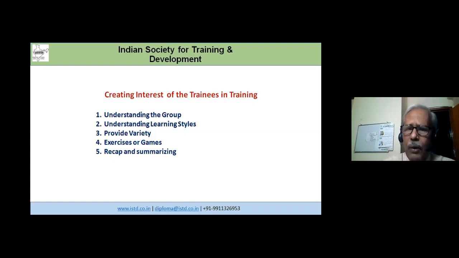So these five things are very, very important for creating interest of the trainees in the training process. I am repeating it. Understand the group, their requirement, what is the level of understanding, what is the language they understand, what is their expectation from the program, what is their experience.